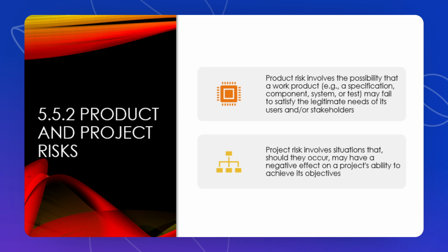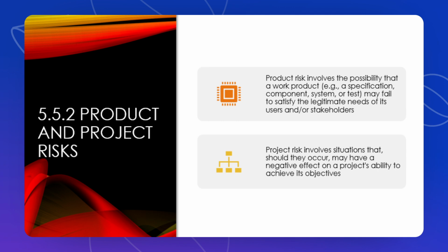There are product and project risks. The risk that affects our product is product risk, and the risks that affect our project are project risks. Product risk involves the possibility that our work product, for example specification, component or code, may fail to satisfy the legitimate needs of its users and stakeholders.